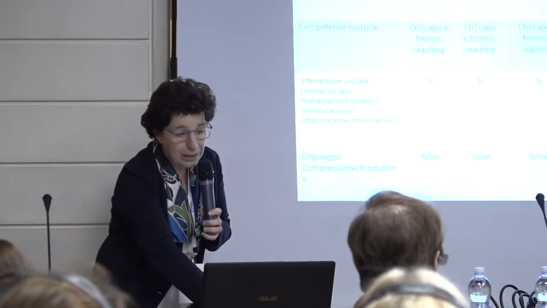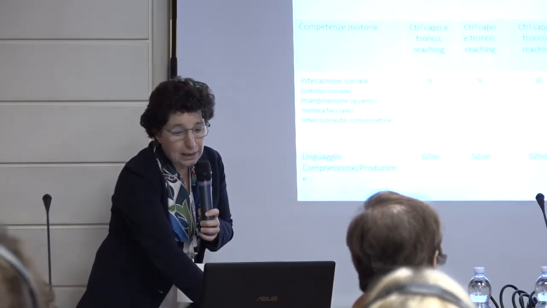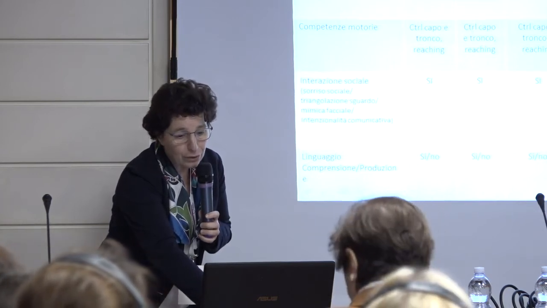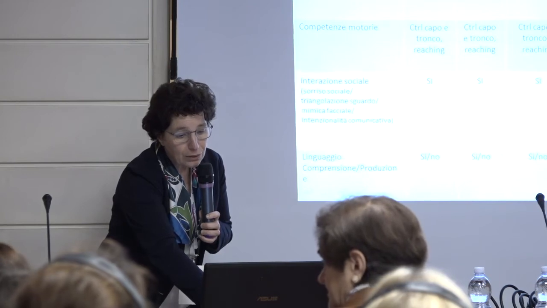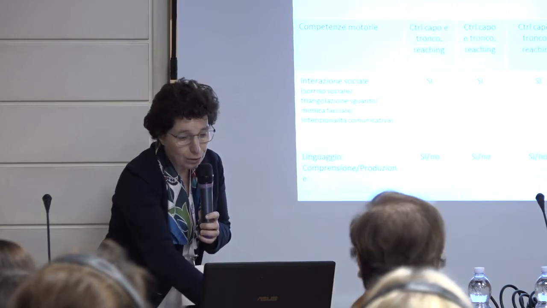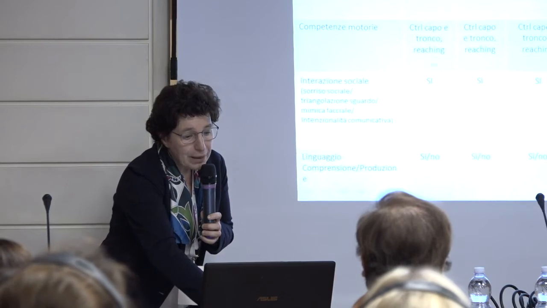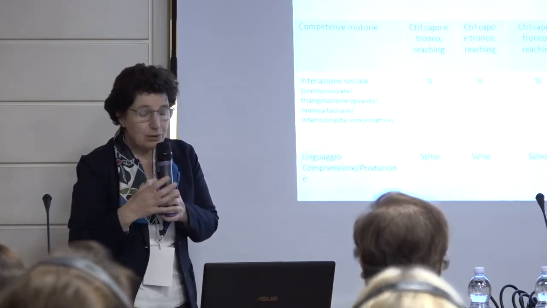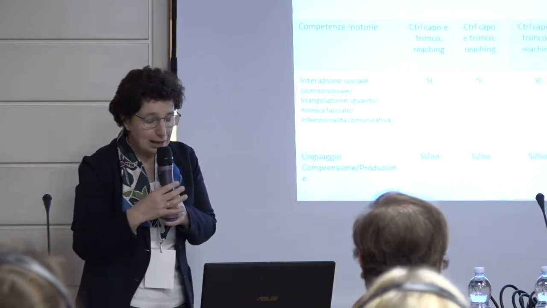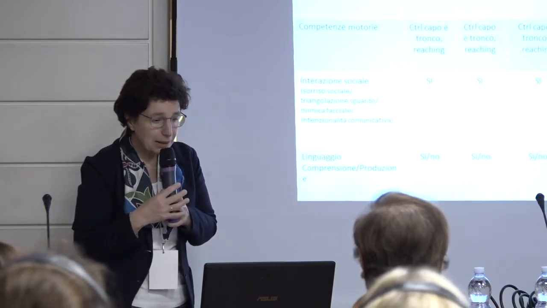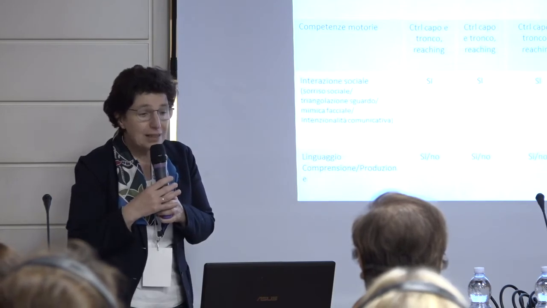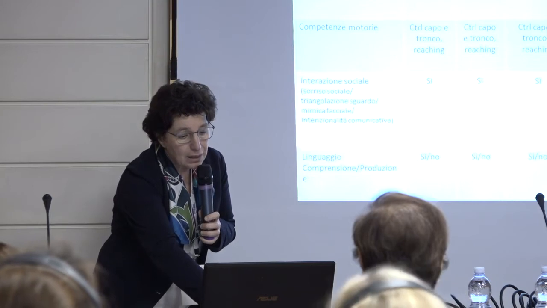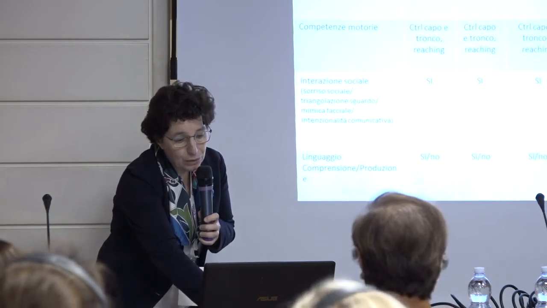As you can see, they all have movement impairments, and only 4 children have reached control of the trunk. Only one can actually grasp things. Whereas if we consider social interaction, that was assessed through social smile, triangulation of sight, facial movements, and communication intentionality, it was present in all the patients that we observed.